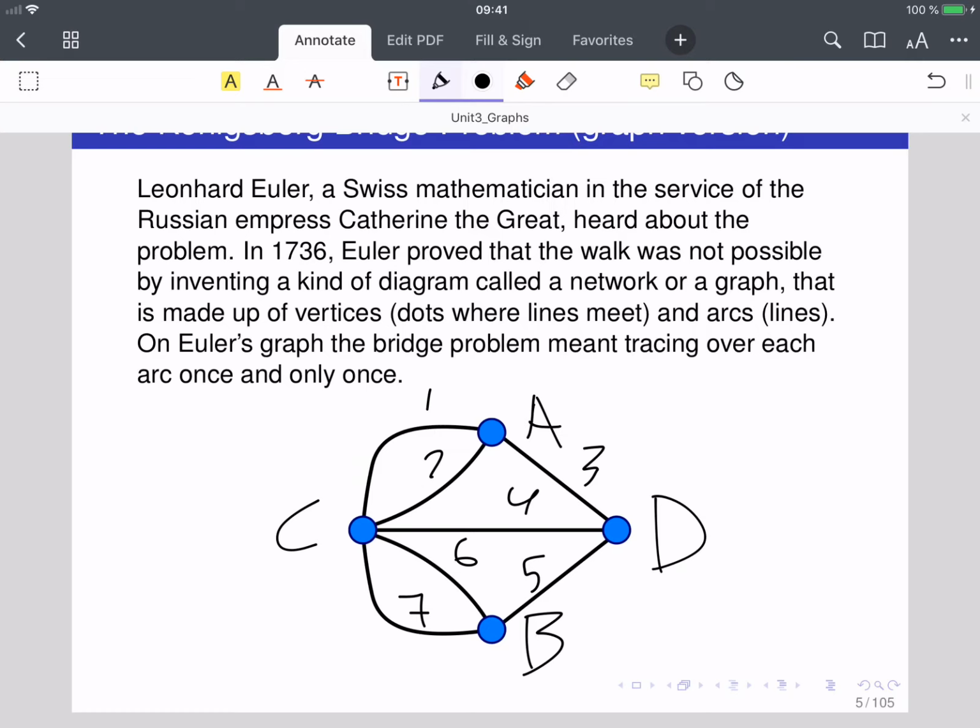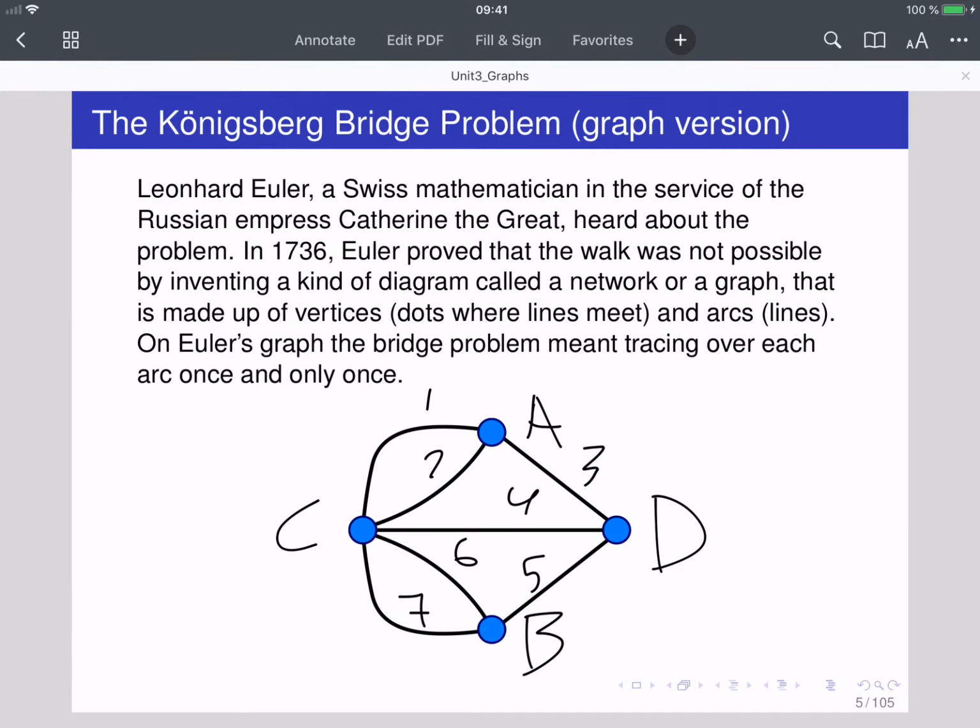Okay, and Euler realized that other things in the game were not important. It was not important, for instance, the length of the bridges, or the material they were made of, or something like that. The only thing that was important was the elements, the different places, and the connections between all these elements.